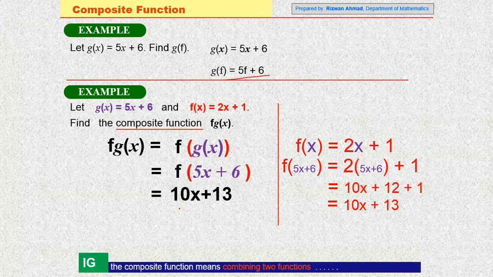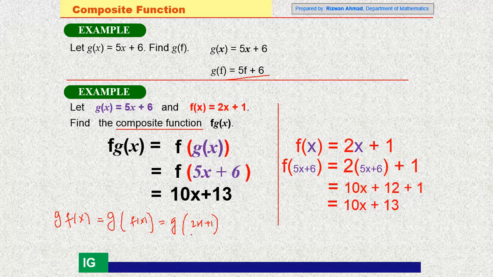On the other hand, if we are to find g of f of x, it will be different from this. f of x is 2x plus 1. Now g of 2x plus 1 means we use the definition of g of x, so in this x we replace 2x plus 1.